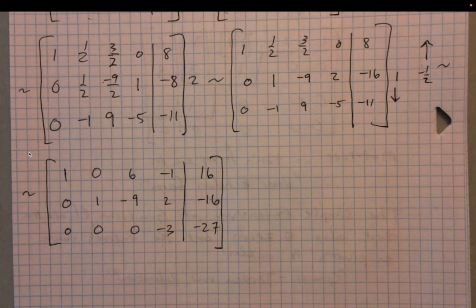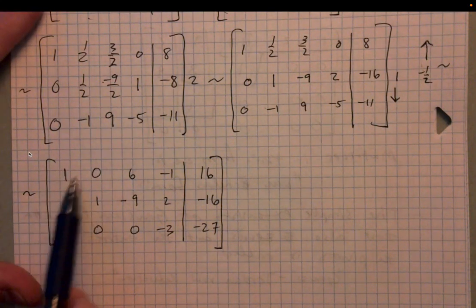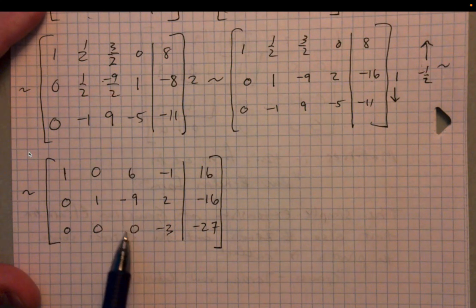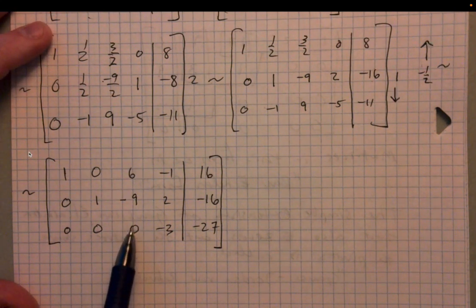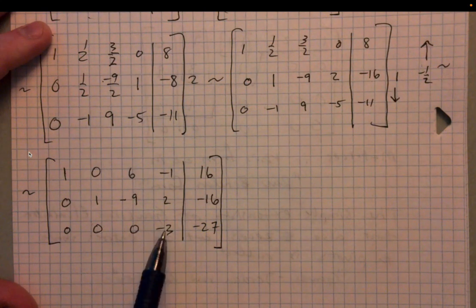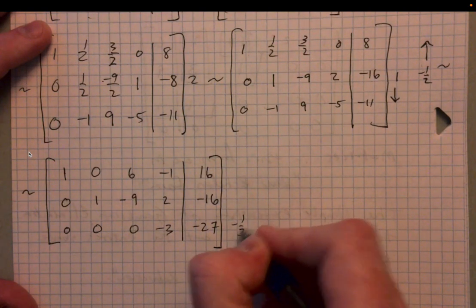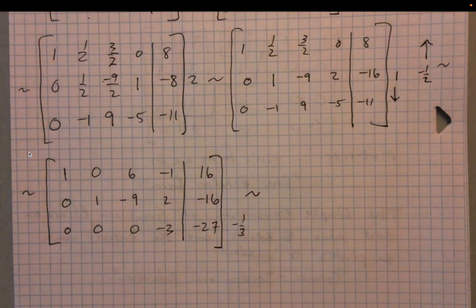Very good. And now what comes next? Well, we have a pivot here. We have a pivot here. And we can see now that it's not possible to get a pivot here, right? No, there's no row operation which can turn this into a 1. So our next pivot will be this guy. Okay, and so the way to do that is to just multiply by negative 1/3.